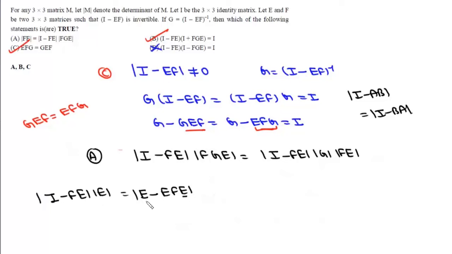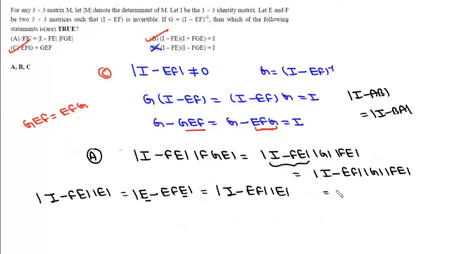Now we'll take E common from the right. So it will be determinant of I minus EF into determinant of E. So basically we'll write this as determinant of I minus EF into determinant of G into determinant of FE.